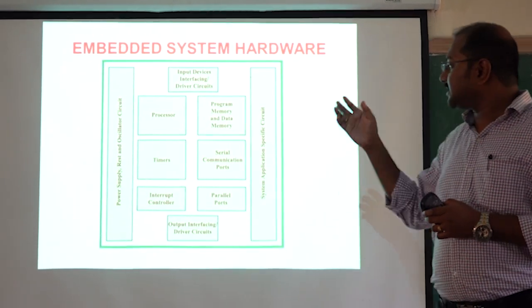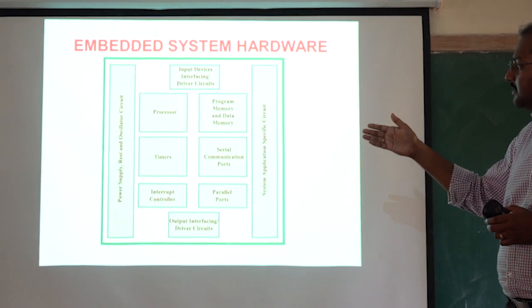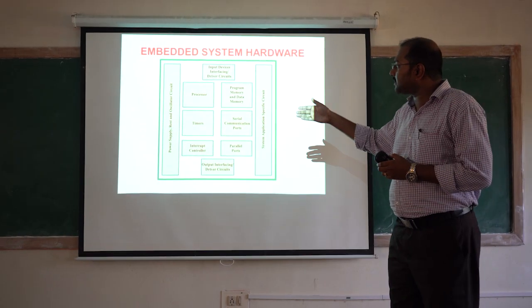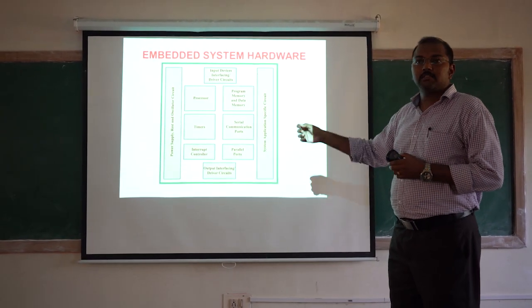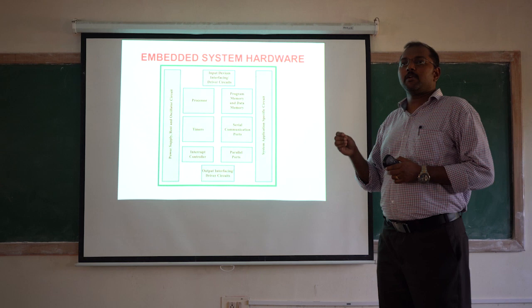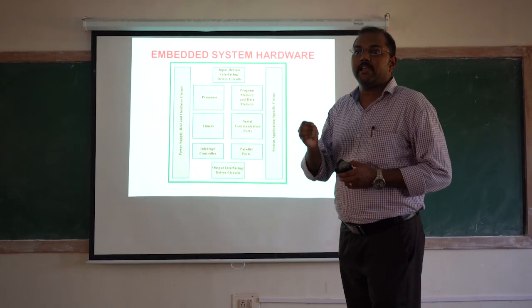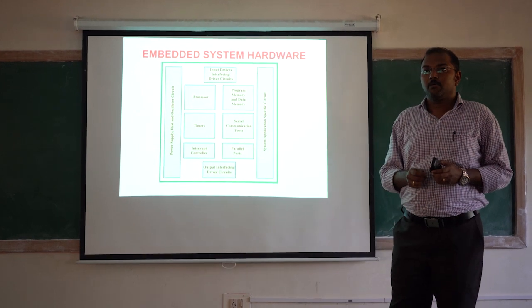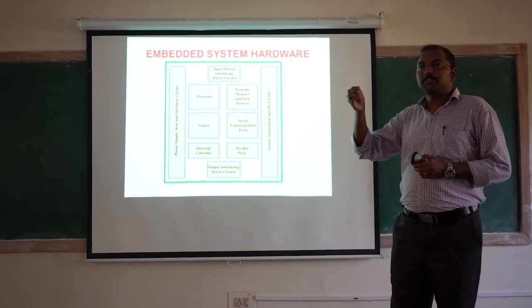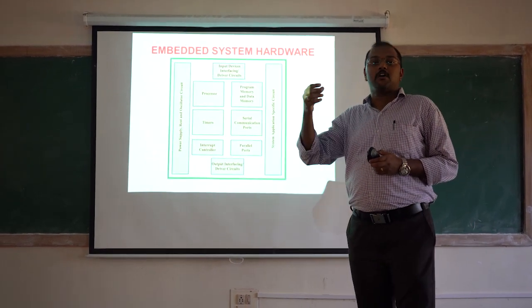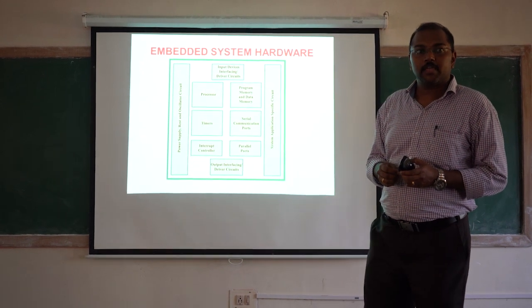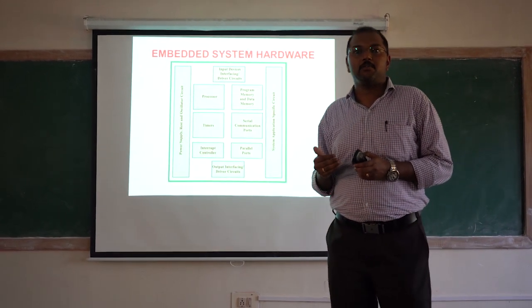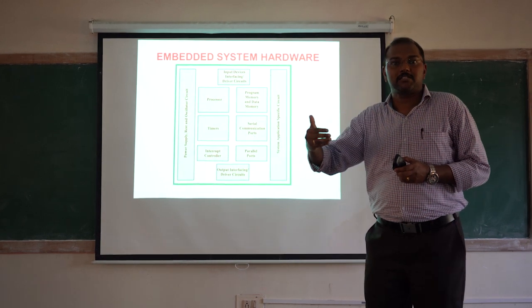Suppose we consider module 1: the power supply, reset, and the oscillator circuit. Commonly microcontrollers need a plus or minus 10 to 12 volt power supply. The reset switch is otherwise called the watchdog timer circuit, which monitors regular period intervals of time.